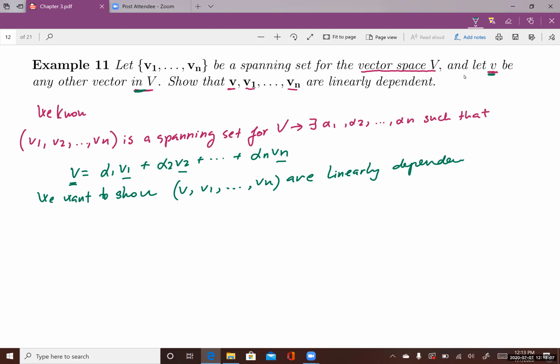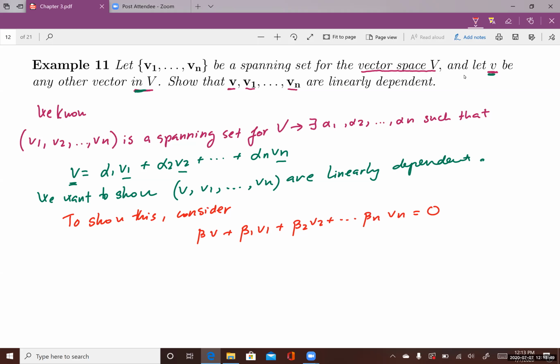In order to show this, we want to consider the equation beta v plus beta 1 v1 plus beta 2 v2 plus beta n vn equals 0, where beta is a scalar.